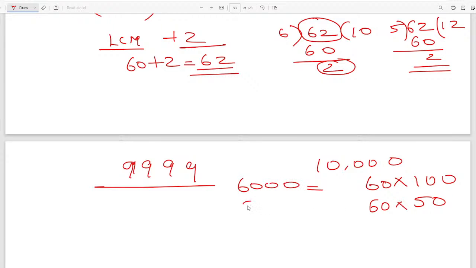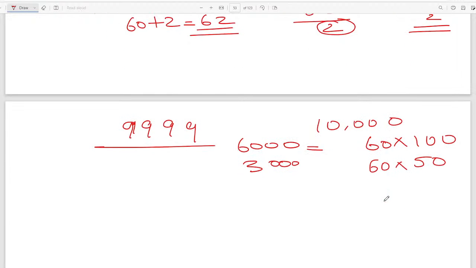So 6,000 plus 3,000, and then I have 900 more. 60 into 15 would be 900. So 60 into 150 is 9,000, and I have 600 remaining.